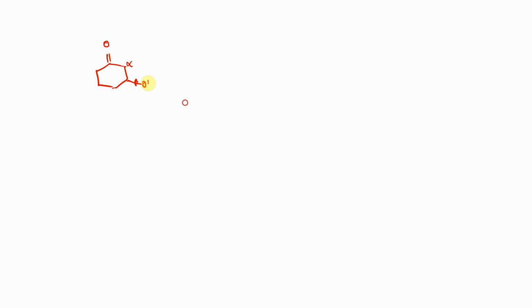If you have OH over here, this is a beta hydroxy compound, and here we have an alpha hydrogen. When you treat this compound with DCC, it will lead to the formation of alpha beta unsaturated products. That is because this hydrogen is more acidic, as it is near the carbonyl group. So we will be removing a hydrogen and a water molecule, leading to the formation of an alpha beta unsaturated compound.